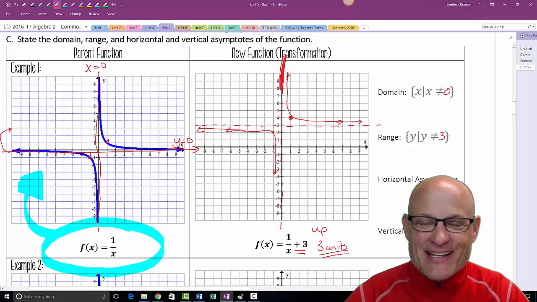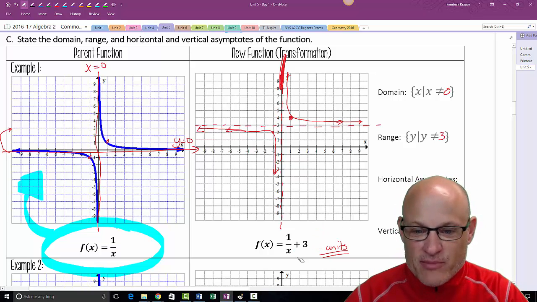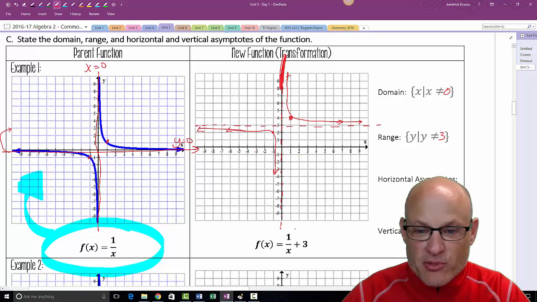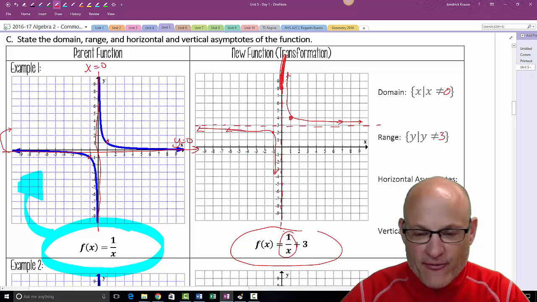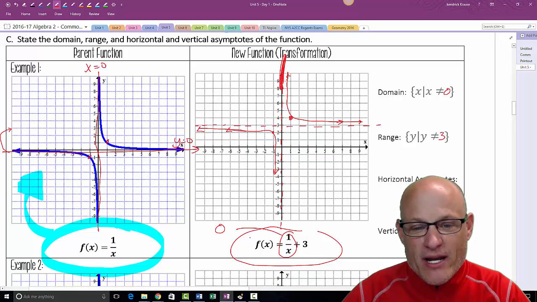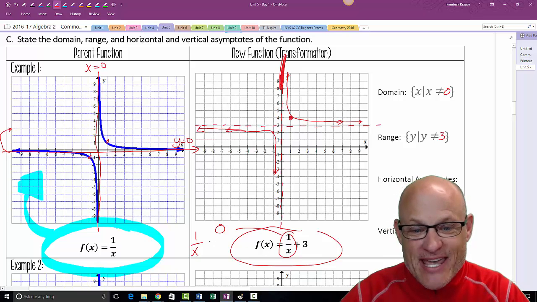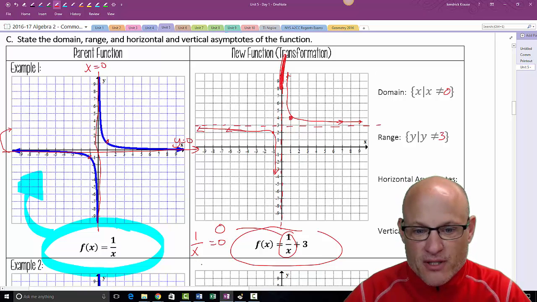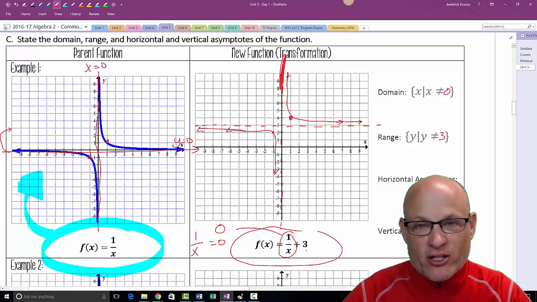The reason it can't be 3: in order for this to be 3, wouldn't this fraction have to be 0? That 1 over x would have to be 0. There's no way to make 1 over x equal to 0, because the only number I could put in the numerator is 1. So there's no way this could ever equal 3.